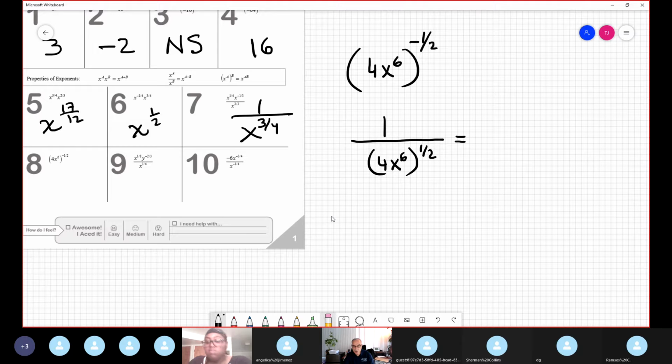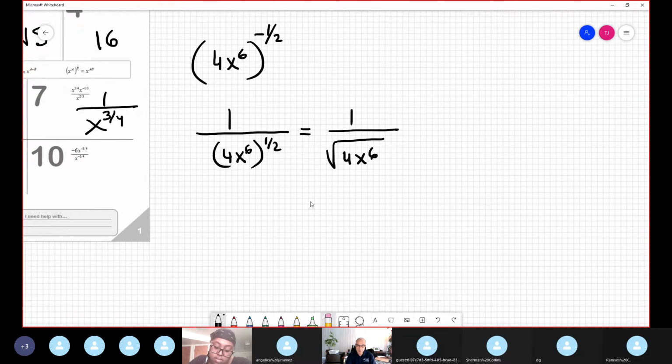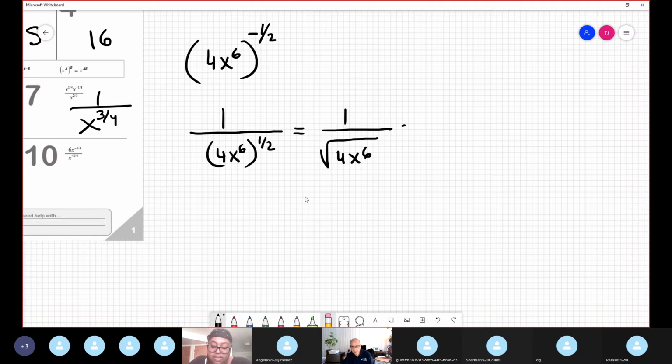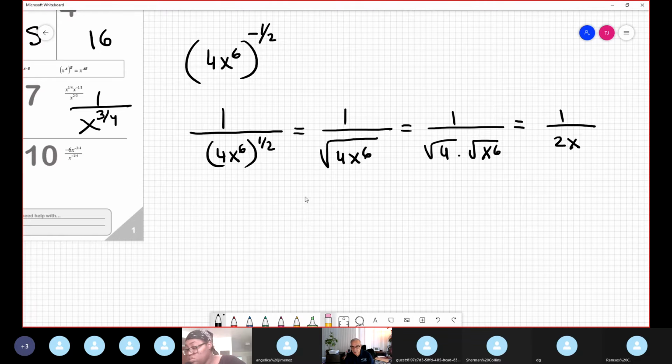And leave it like that? No. I want to convert to a radical. This is a square root of 4x to the 6th power. So you separate the square root of 4. In my mind, I separate it like that. This is square root of 4 times square root of x to the 6th power. Square root of 4 is 2. And this is x to the 3rd power.